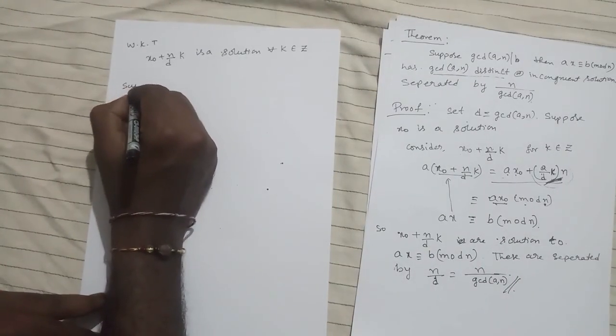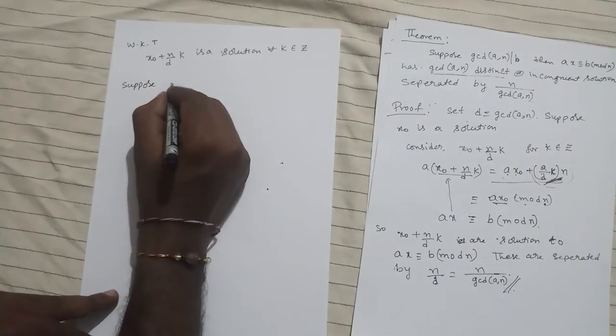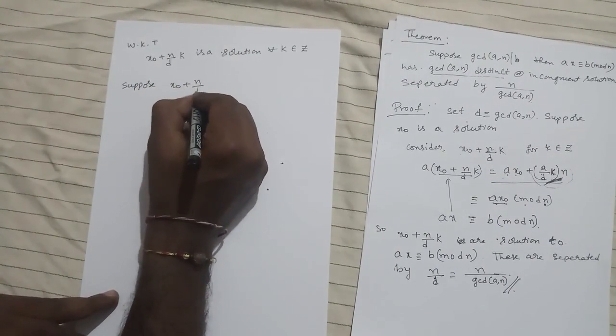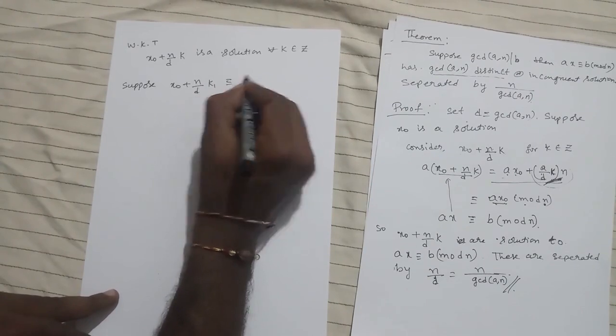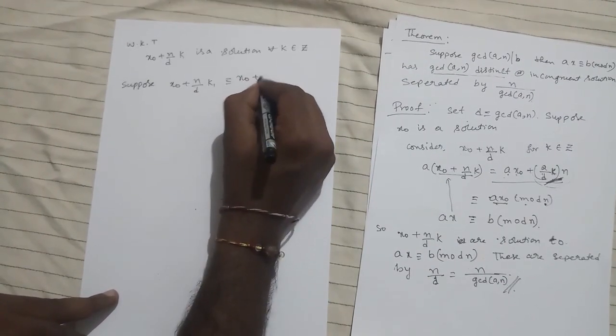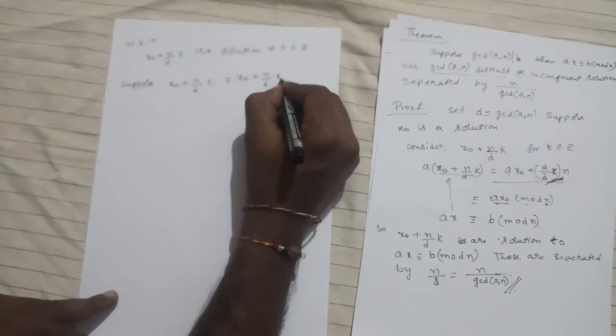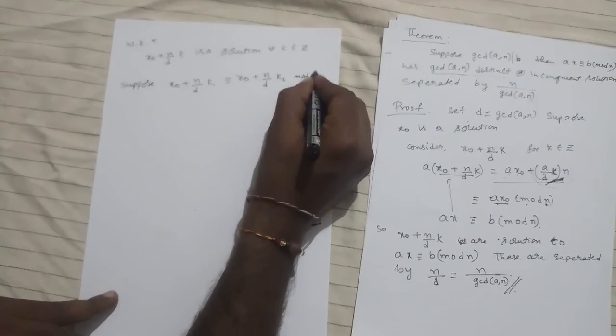Suppose x naught plus n divides d into k1 is congruent to x naught plus n divides d into k2 mod n.